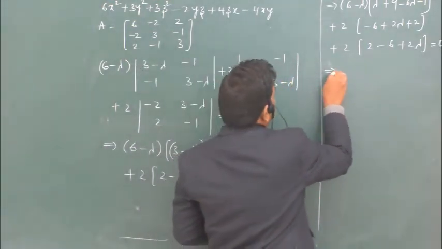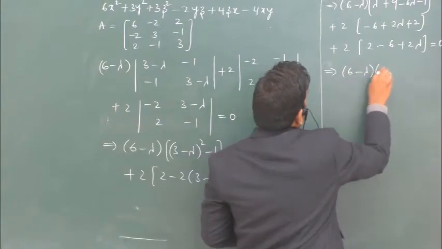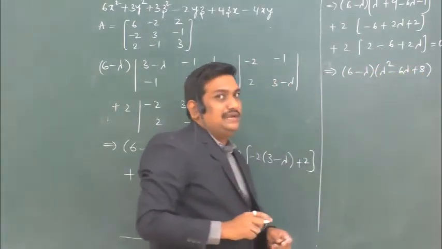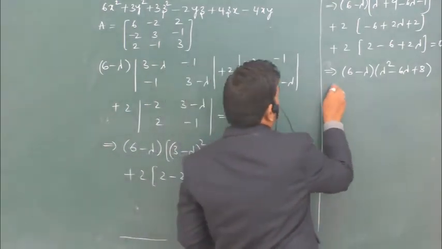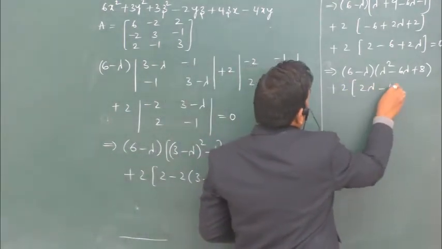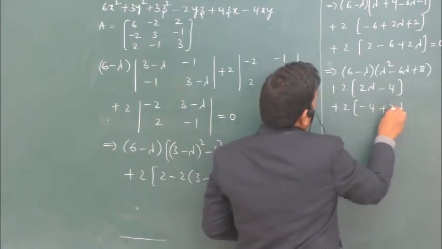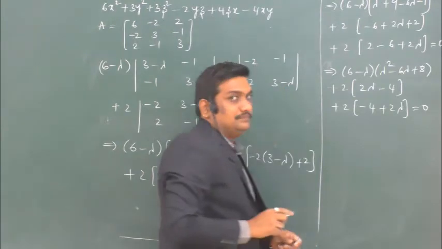Now it is (6-λ)(λ² - 6λ + 8) + 2(2λ - 4) + 2(-4 + 2λ) = 0.